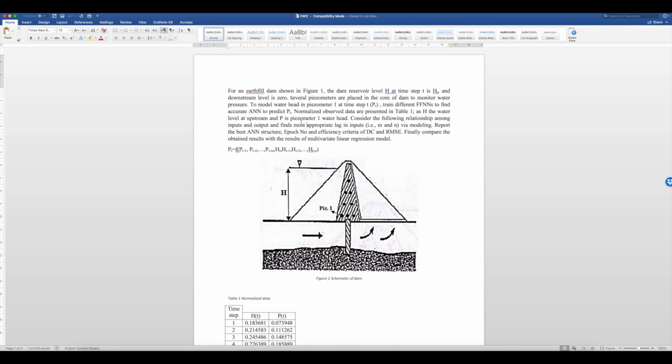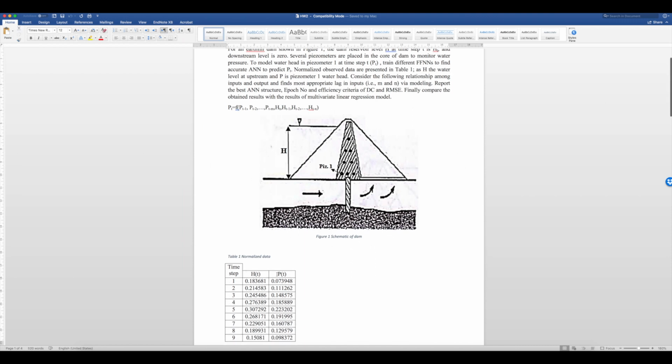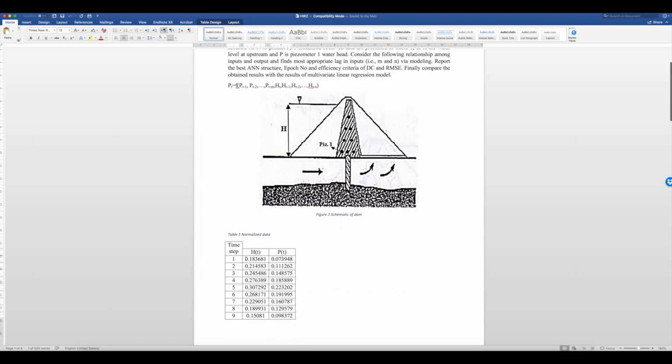So in this example, we have the values of P of T, and also H of T, and these are normalized. This is not the time to explain what normalized data means, but these data are normalized for several reasons.